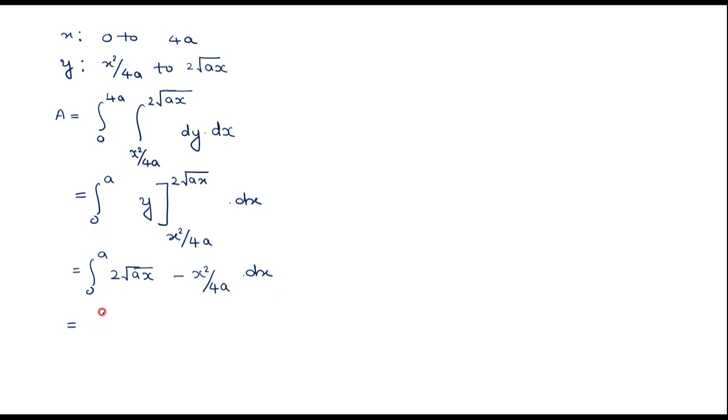Now integrating with respect to x, 2 root a is the constant. The integration of root x is x raised to 3 by 2 divided by 3 by 2, with limits of x from 0 to 4a. Minus 1 by 4a is the constant, and it is x cube by 3 from 0 to 4a.